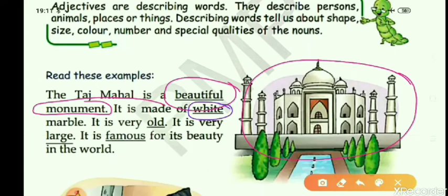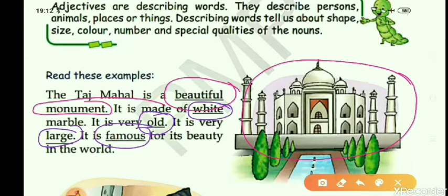Then it is very old. This building is very old. So old is also a describing word. It is very large. The building is very large. It is famous for its beauty in the world. Now children, the words which I have circled are all describing words.